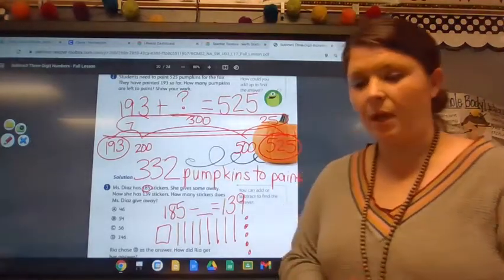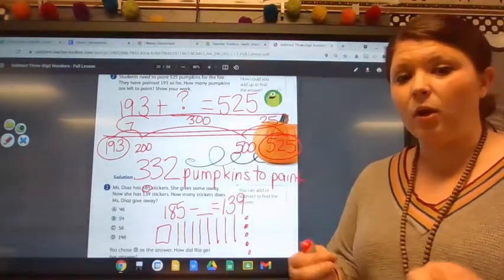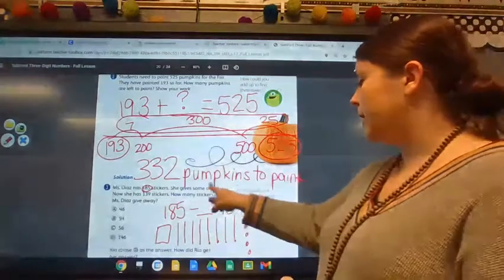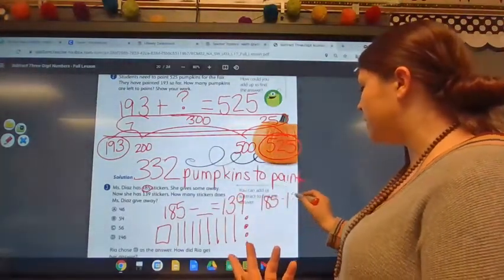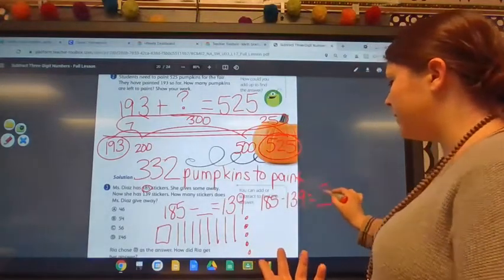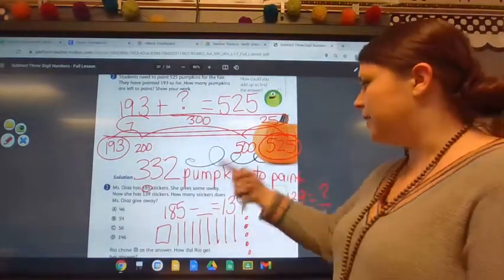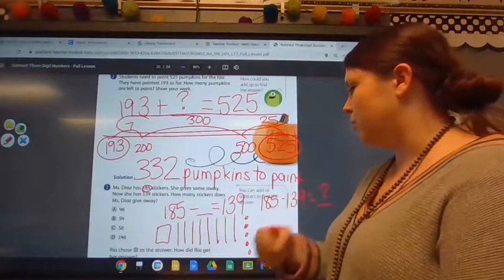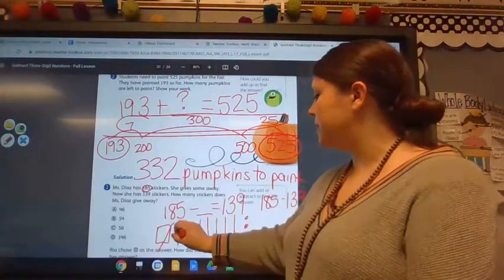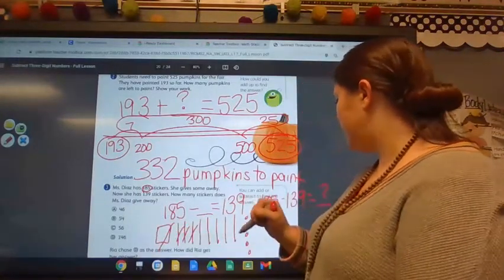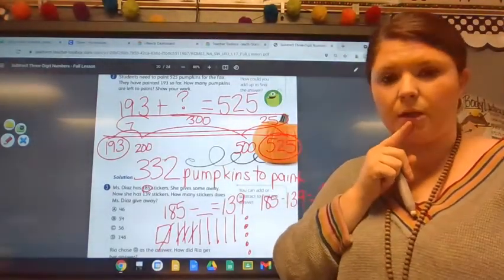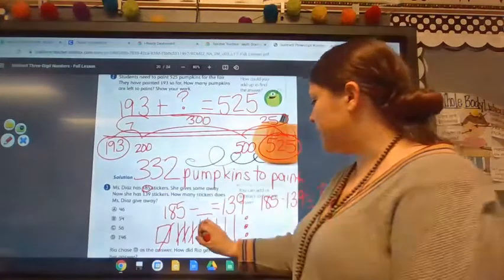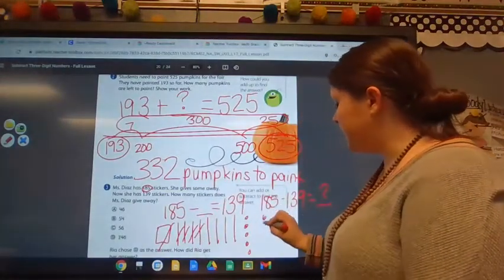Now I'm going to take away 139 because that should get me my missing piece. 185 minus 139 should get me that missing part that tells how many stickers she gave away. So I'm going to take away 100, 3 tens, and 9 ones. I only have 5 ones. What do I need to do? Regroup a 10. 1 ten into 10 ones.